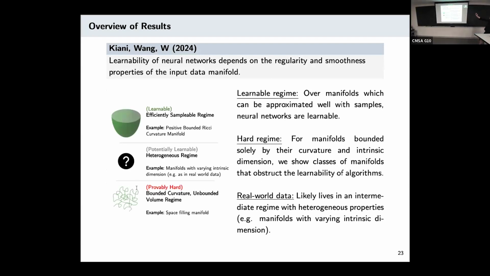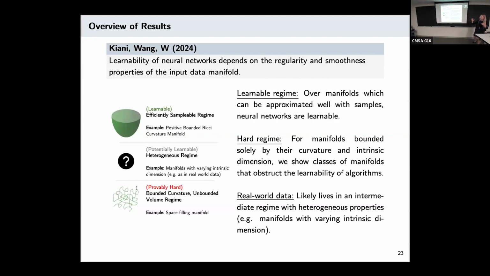So now let me give you an overview of the kinds of learnability results that we get, and then we can zoom in a little bit more on the different settings. It turns out that in this refined geometric setting for the data manifold, we do find instances where neural networks are actually learnable.